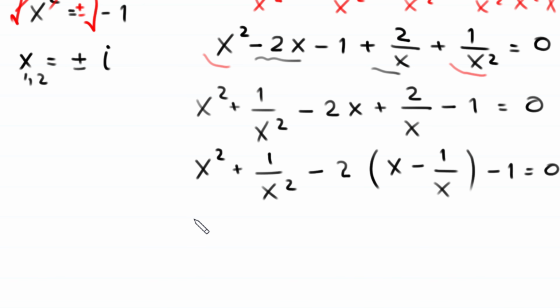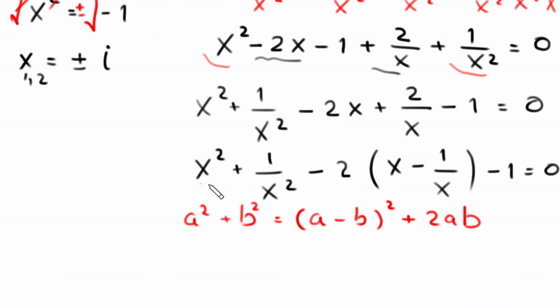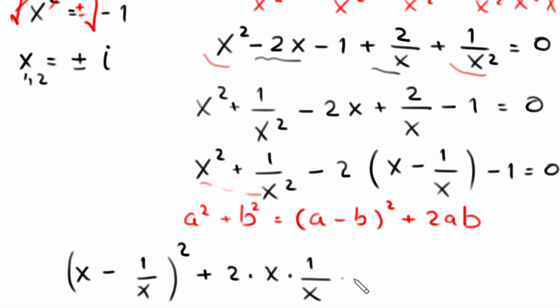By using this algebraic identity, a squared plus b squared equals (a minus b) whole squared plus 2ab, we can rewrite x squared plus 1 over x squared as (x minus 1 over x) whole squared plus 2 times x times 1 over x, minus 2 times (x minus 1 over x) minus 1 equal to 0.